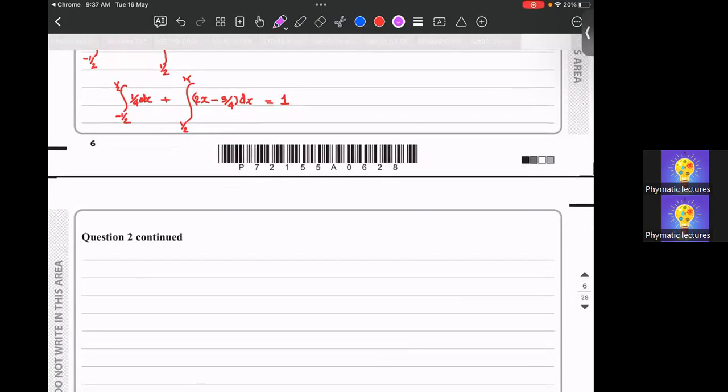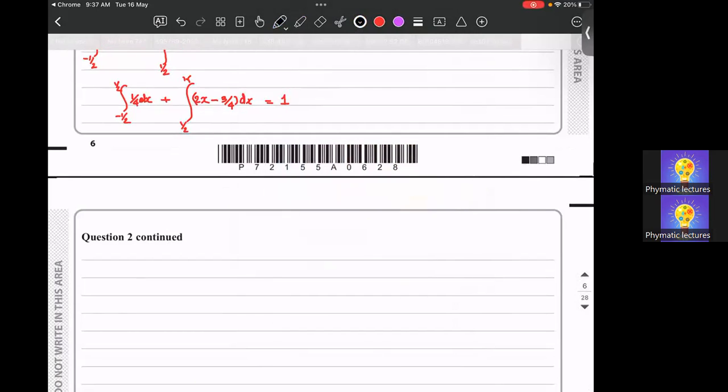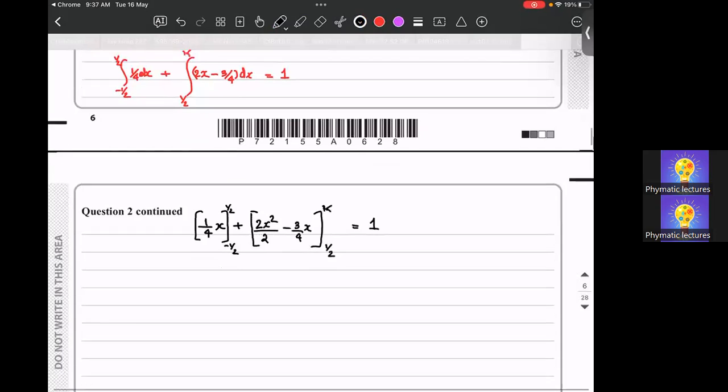If I integrate this, I get 1/4 x, with limits minus 1/2 and plus 1/2, plus 2x squared by 2 minus 3/4 x, with limits 1/2 and k. The total area is 1.